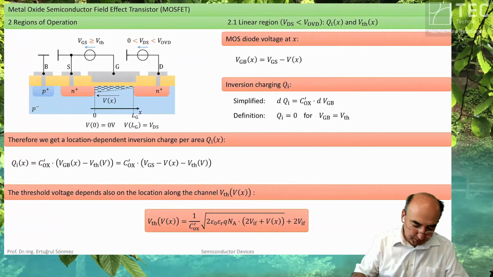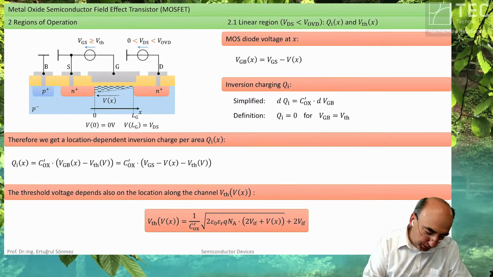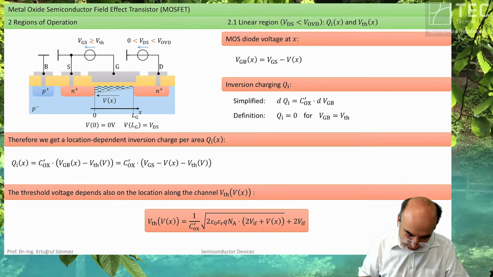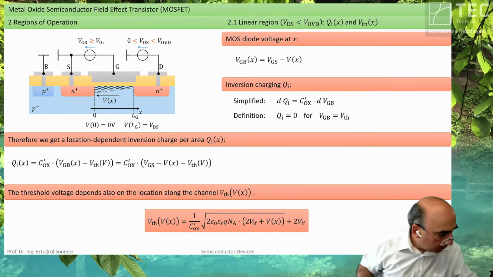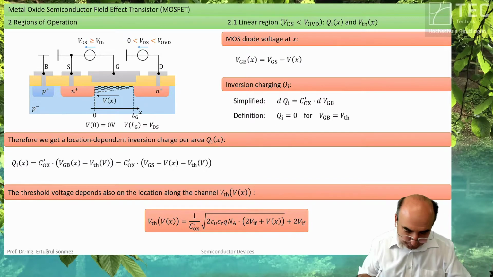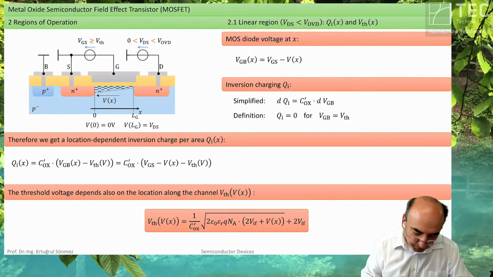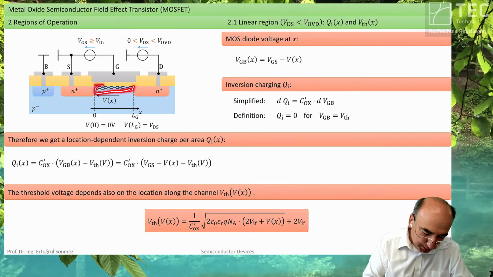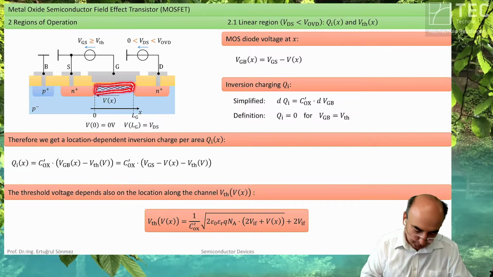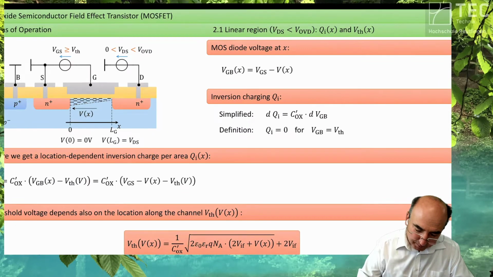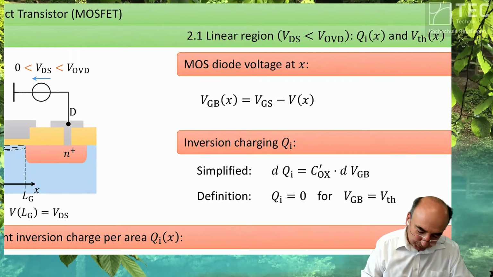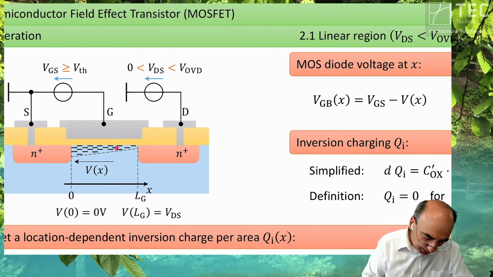Okay, now let's start. We are in the linear region. A linear region means we have a complete channel. What does that mean for the potential within the bulk?